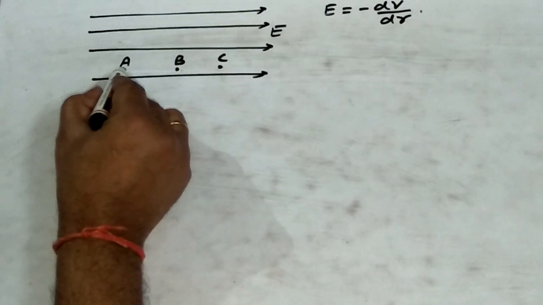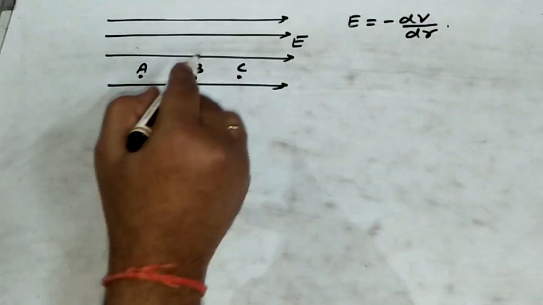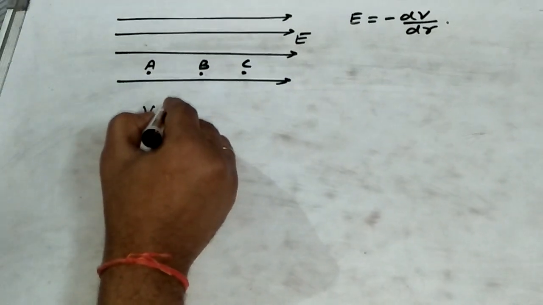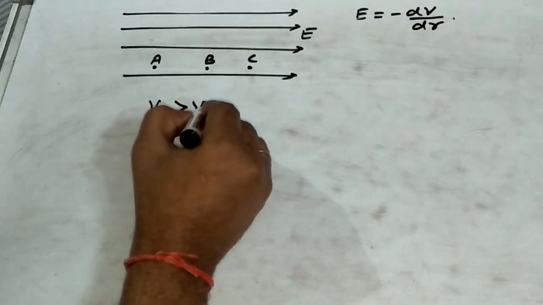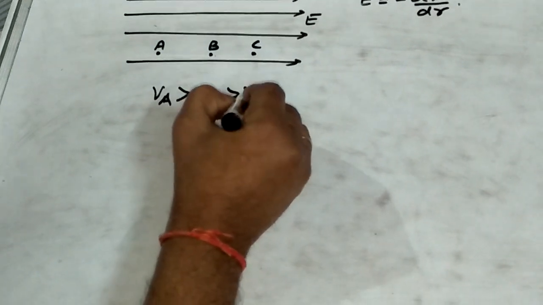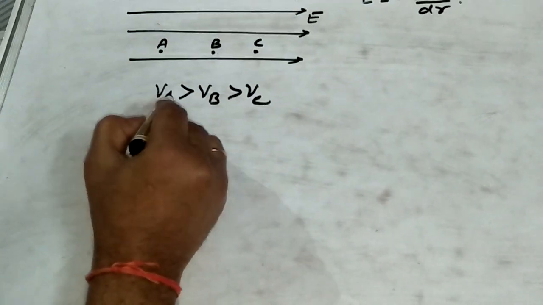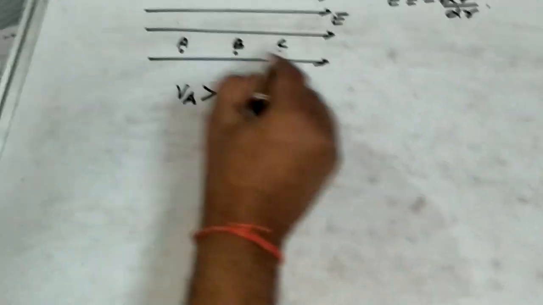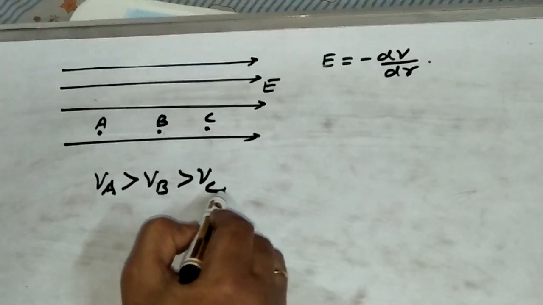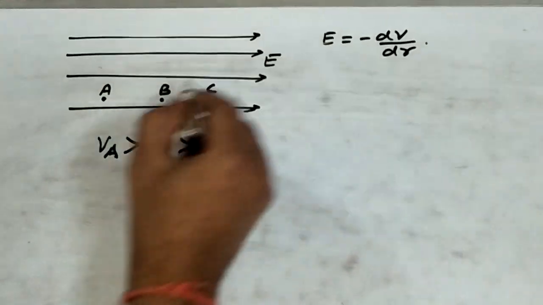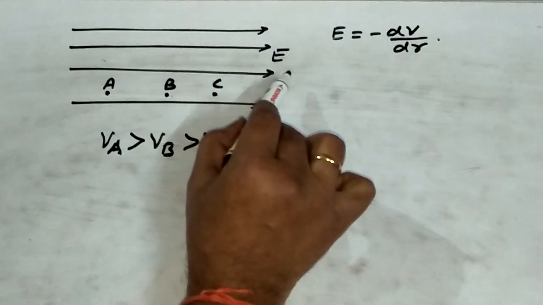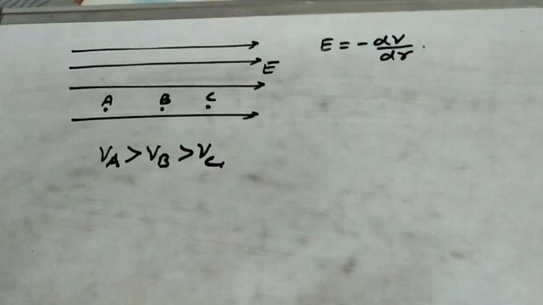It means as we move from A to C, the potential decreases. It means at point A the potential is maximum, then B and then C. So the potential at A is maximum and the potential at C is minimum. This shows that as we move in the direction of the electric field, the electric potential decreases.